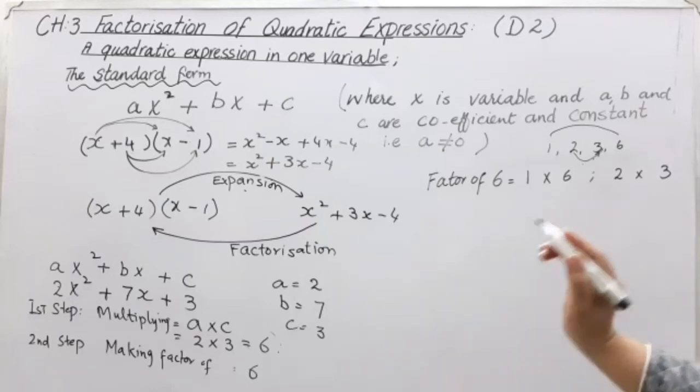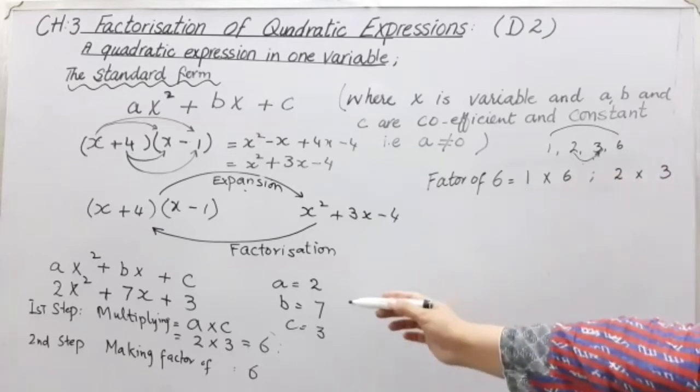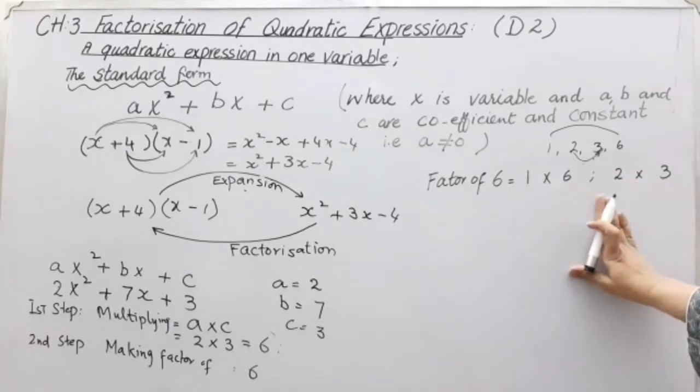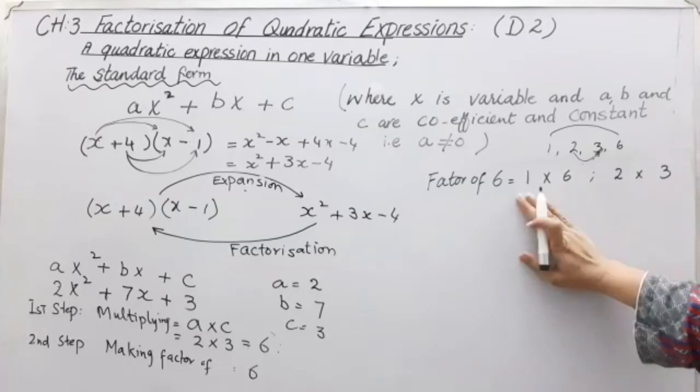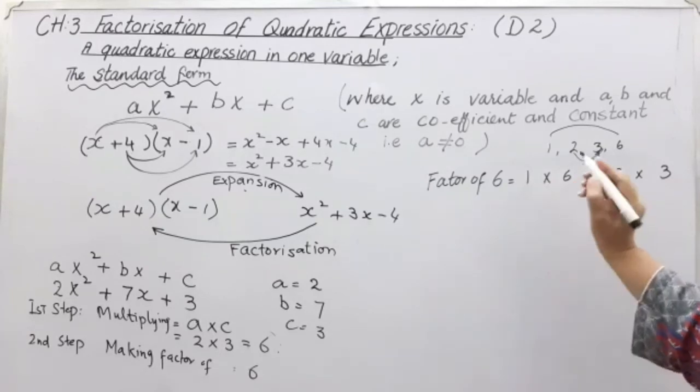So now we see where we find the 7 for b. When we multiply a and c, our answer should be 7 in terms of b. If b is positive, we need a positive b. If it is negative, then we need the negative b. Here is our positive b. We put the signs of integers with them.